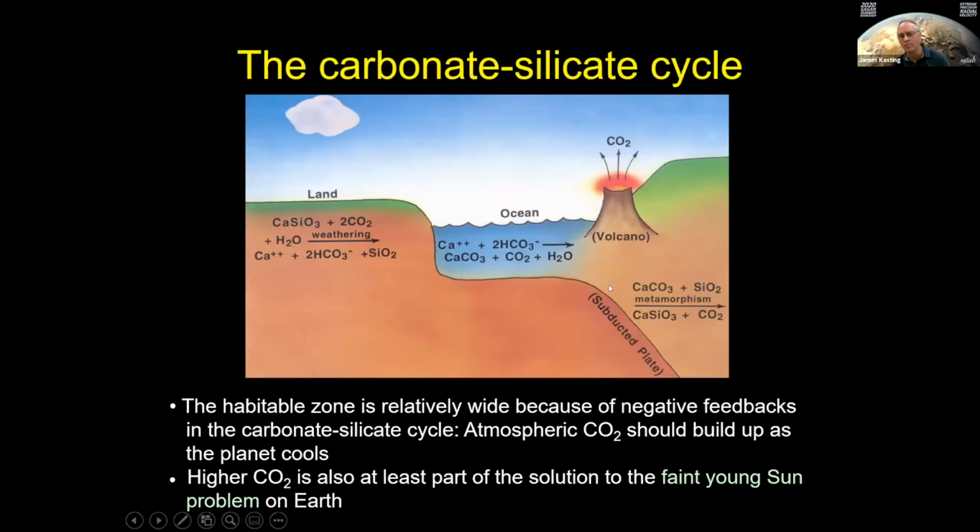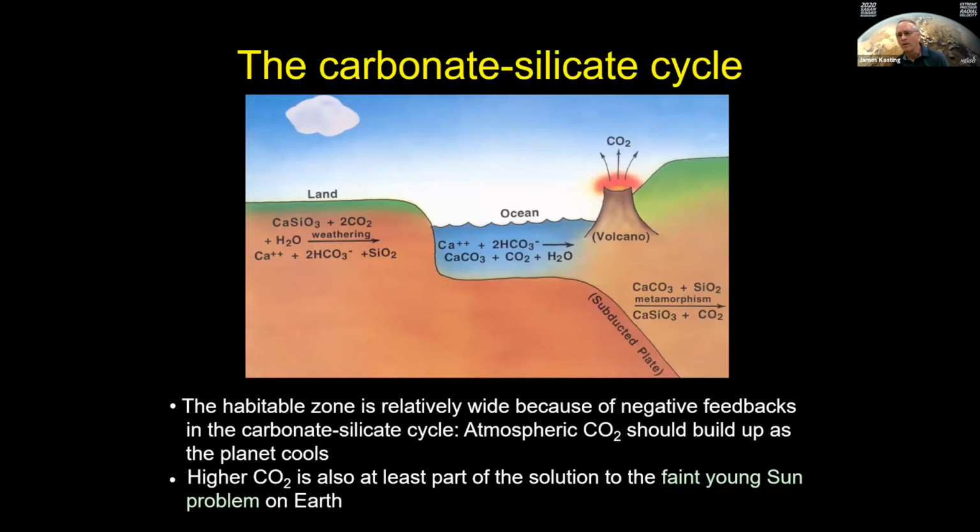Some are scraped off, but some are dragged down to deeper depths where the temperature and pressure are higher, and calcium carbonate recombines with silica, which by this time is the mineral quartz, to reform calcium and magnesium silicates and release gaseous CO2. And that CO2 then escapes to the atmosphere through volcanism.